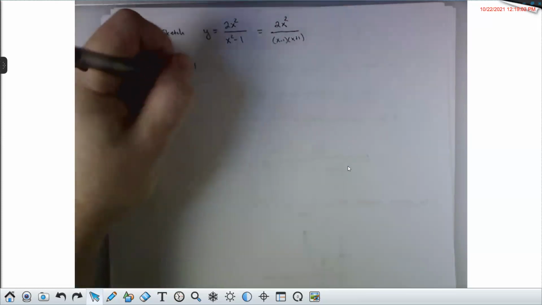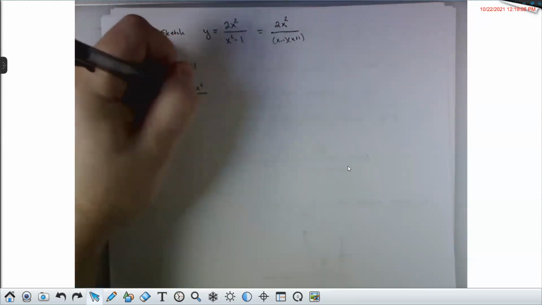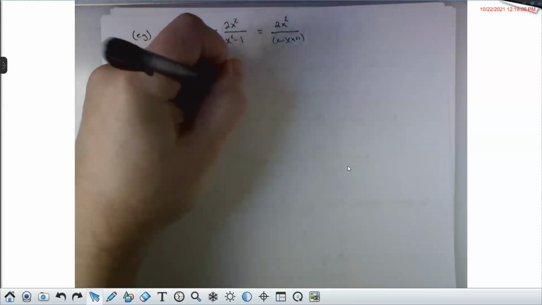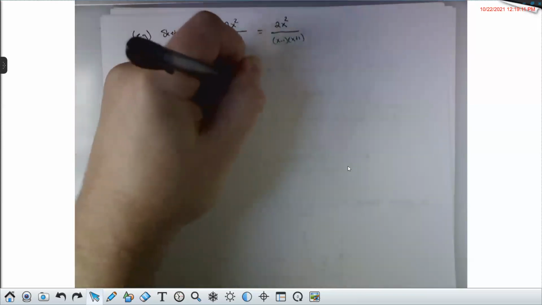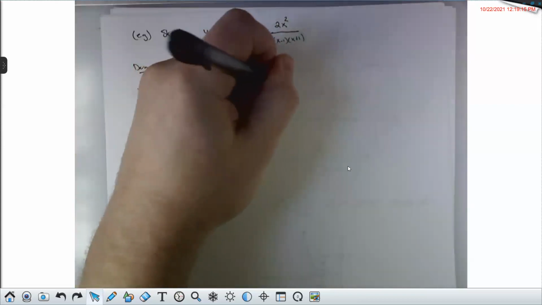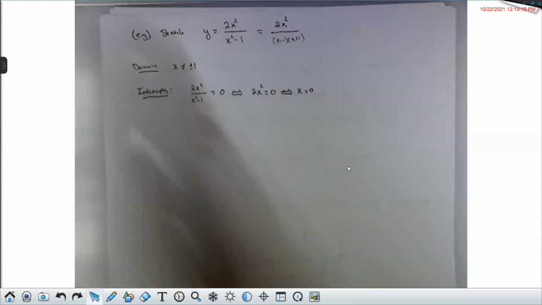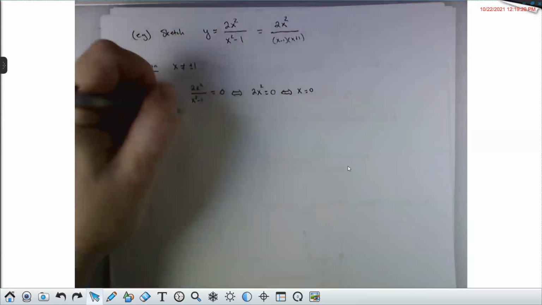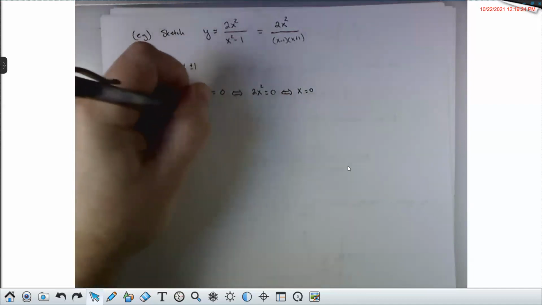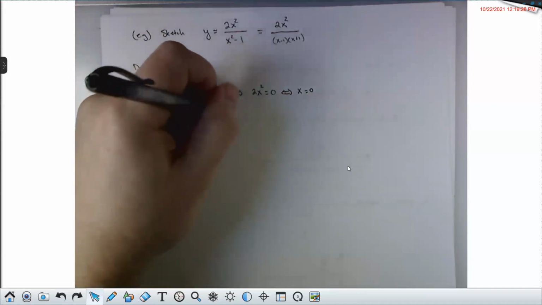Intercepts. This whole thing is equal to 0 if and only if the top is equal to 0, which would mean x is equal to 0. So the x-intercept, there's only one of them, is the point 0, 0, which is also the y-intercept.